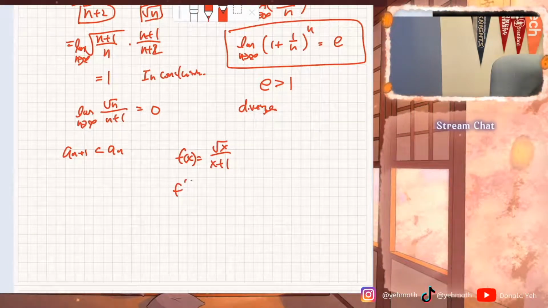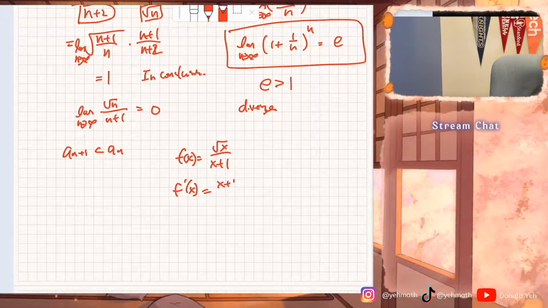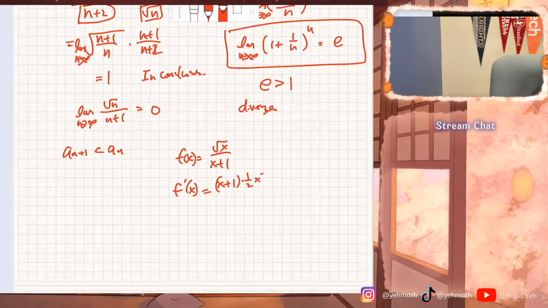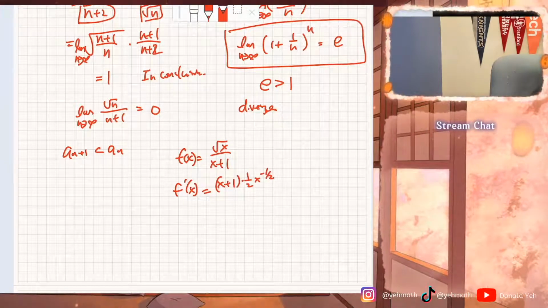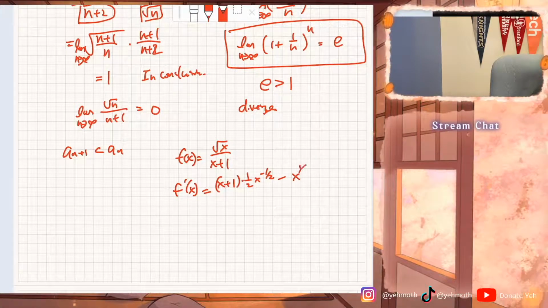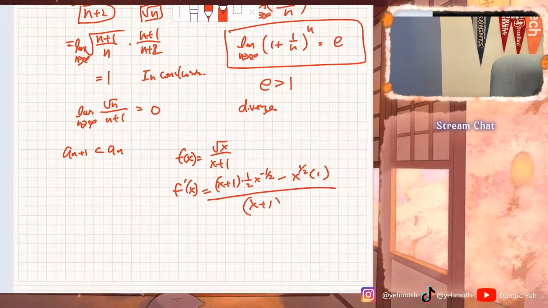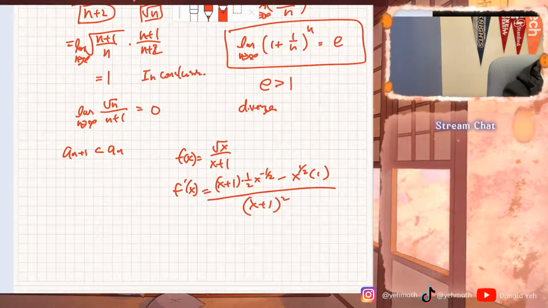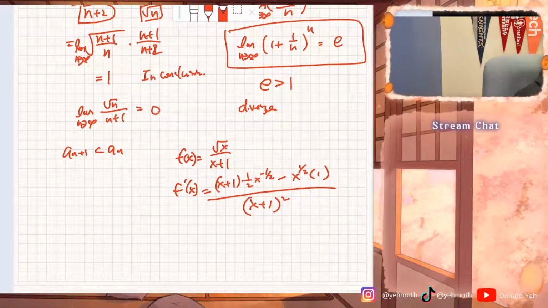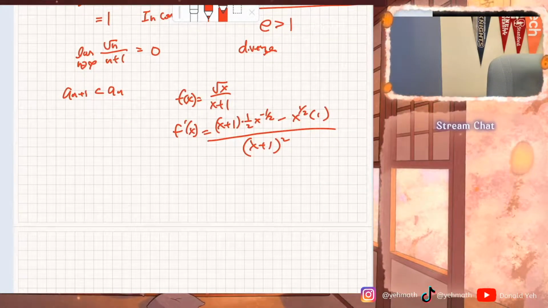What happens if you take a derivative? Low d high minus high d low: 1/2 x to the negative 1/2 times x plus 1, minus x to the 1/2 times 1, over x plus 1 squared. Can I factor out the x to the negative 1/2?